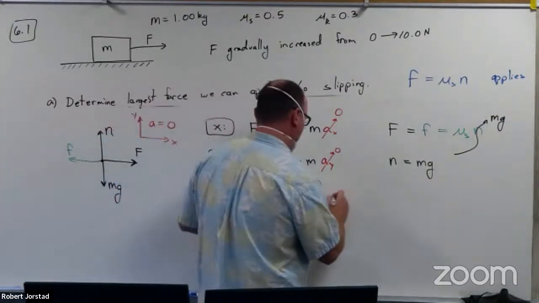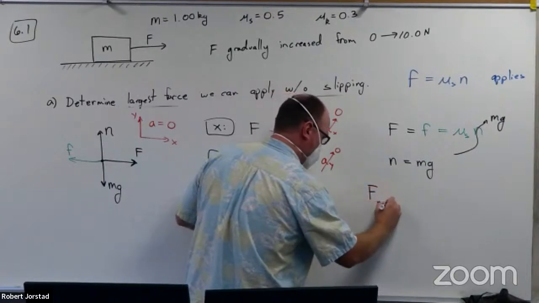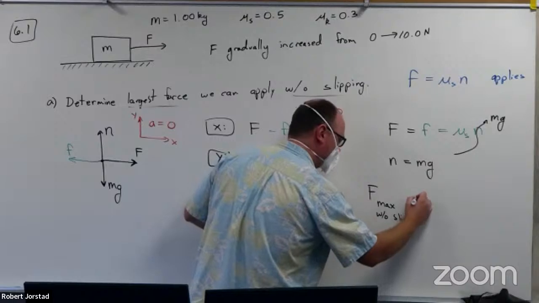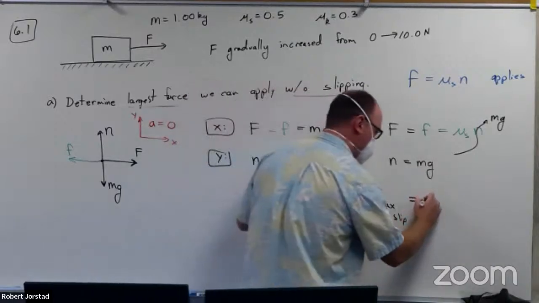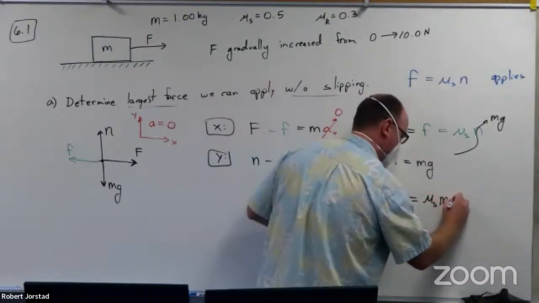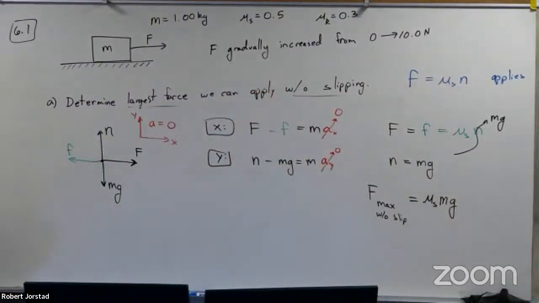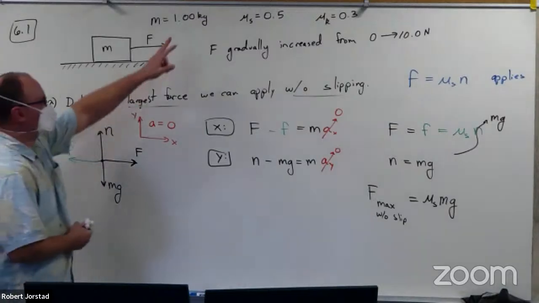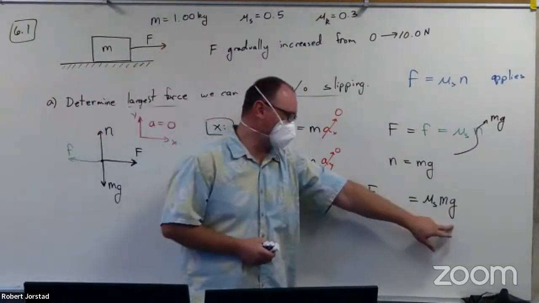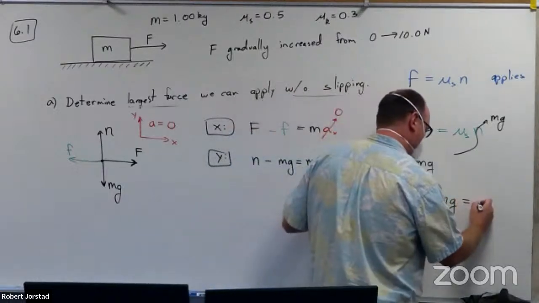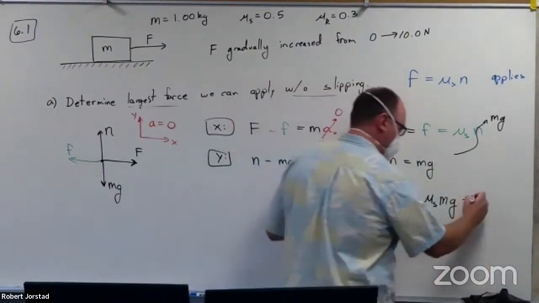We can tell that the force max without slipping is equal to mu static mg. All right, what's that number going to be? 1 times 9.8 times 0.5 is the famous number, what? 4.9, yeah.